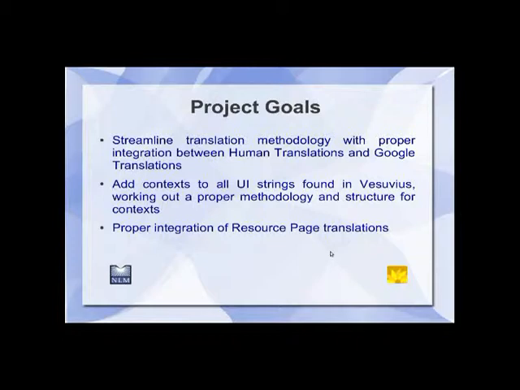There's also a great deal of work going into streamlining the contexts, to normalize and standardize them in a certain set structure, and also to add these standardized contexts to all the UI strings found in Vesuvius. Also, there's a restructure of the resource page translations.